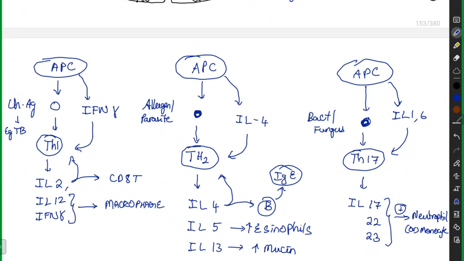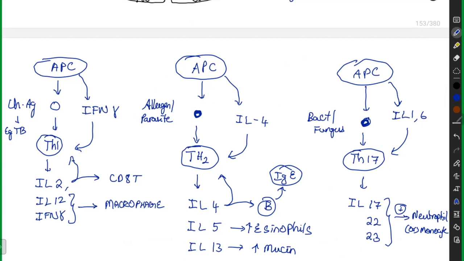In a chronic antigen like TB, it stimulates interferon gamma, and it is presented to T helper cell 1. T helper cell 1 will increase interleukin 2, interleukin 12 and interferon gamma.